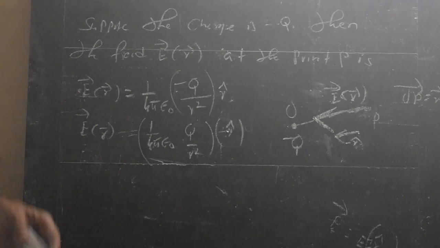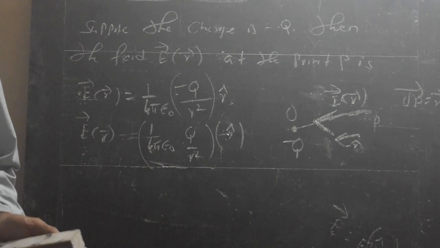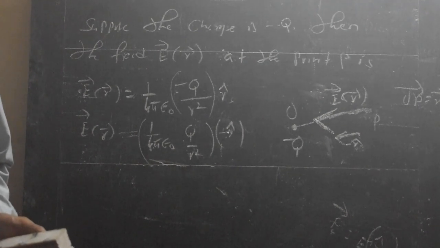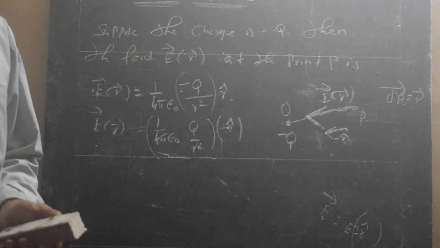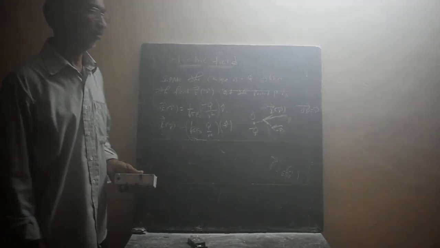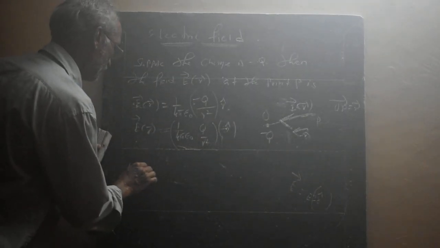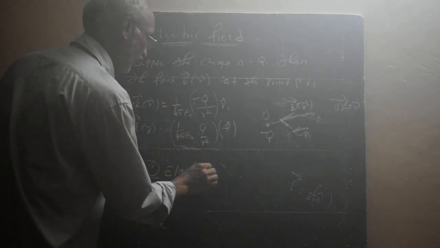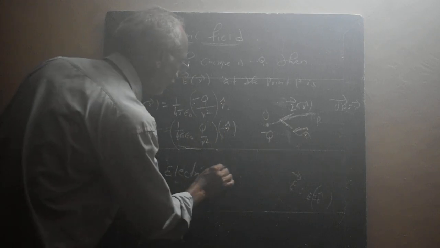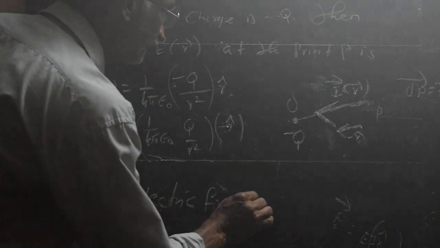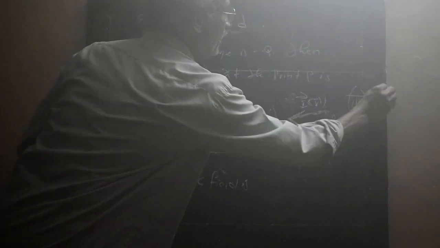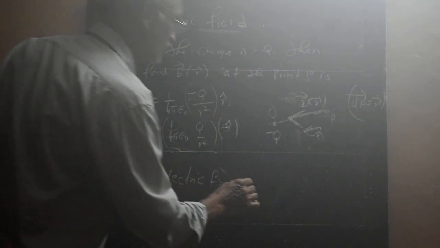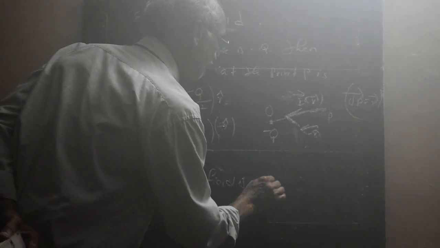Now let us give one or two notes regarding the electric field due to a point charge placed in vacuum at the origin O. Note 1: Electric field is a vector quantity.